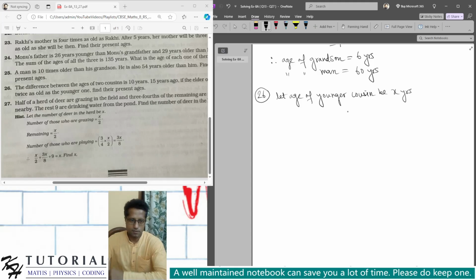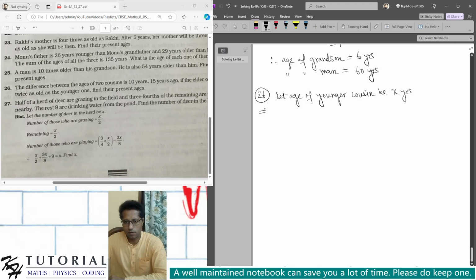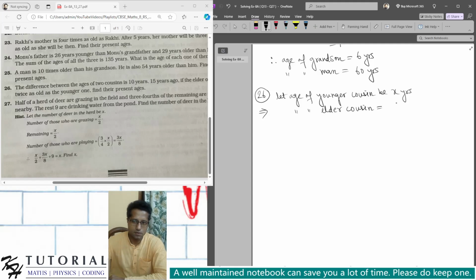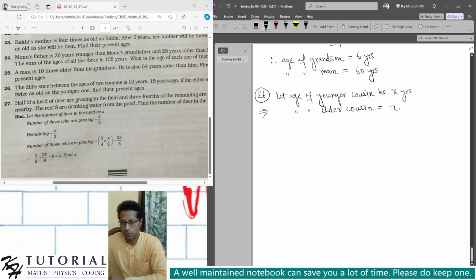It is given that the difference between the ages of the two cousins is 10 years, and we have assumed that the age of the younger cousin is x years. So from here we can clearly say that the age of the elder cousin will be equal to x plus 10 years.